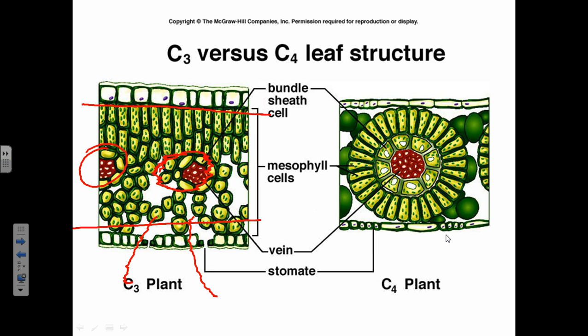And we said that PEP carboxylase in a C4 plant is found out here in the mesophyll. Stomates are down here. Carbon dioxide comes in. PEP carboxylase fixes carbon. It does sort of what Rubisco does. Fixes the carbon. Fixes it in the mesophyll. But once it catches that CO2, what do C4 plants then do with it?